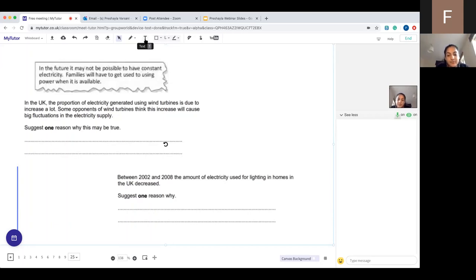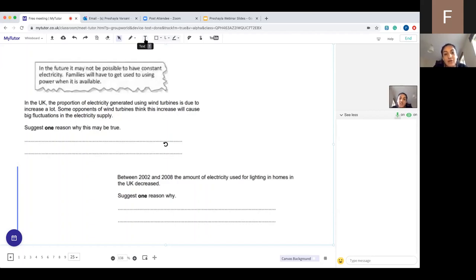Well, if you did talk about it being lighter between 2002 and 2008, that would be an incorrect answer because our sun just can't suddenly get more powerful. What you needed to talk about in this answer was how people behave and how they use their energy. Something like more energy efficient lighting being used.